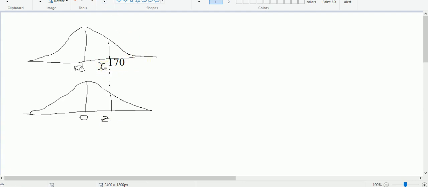Now I will follow a formula which says Z is equal to (x minus mu) by sigma.